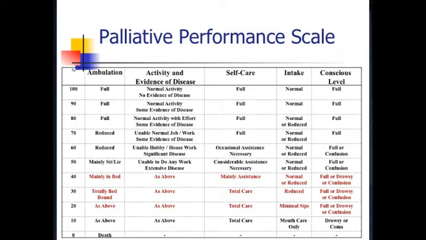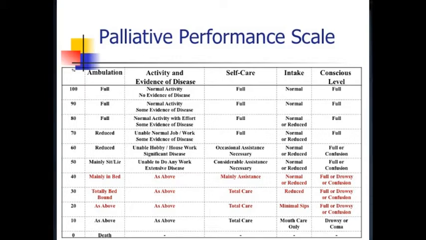So you'll see that patients who are in the 30 to 40 range are mostly in bed. They're poorly able to function physically. They need help with self-care. They have reduced intake, and they may be fully conscious or they may be a little drowsy.